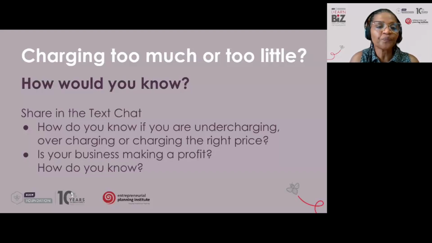Kosimpile. Oh, yes. I just wanted to add as well how I see when I'm undercharging, overcharging, and charging fairly. Normally I find this funny because when I undercharge, I tend to have more customers coming in for the same product that I've done for someone else than when I have overcharged.